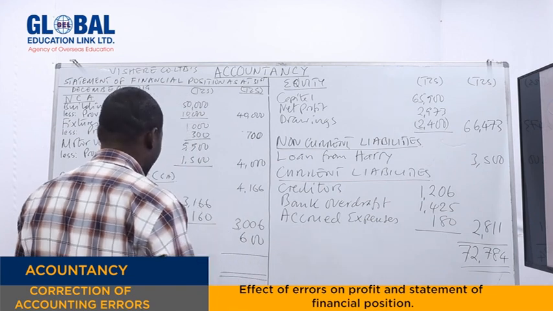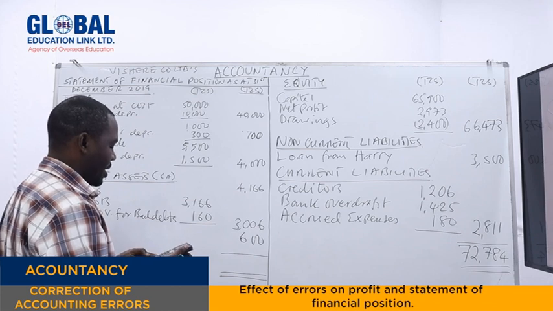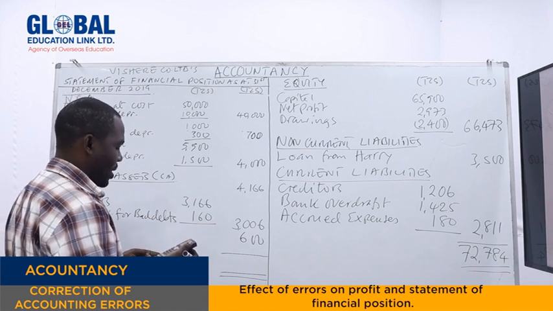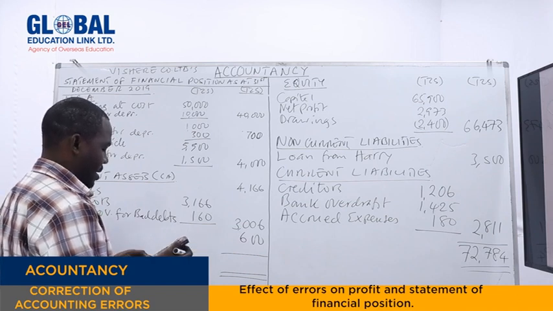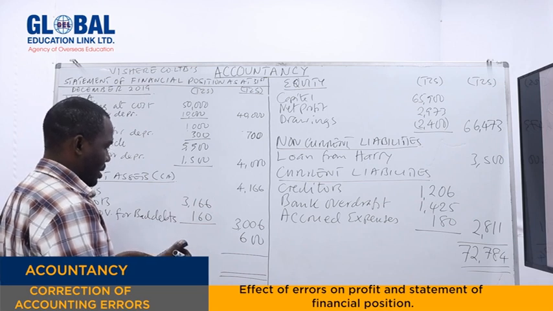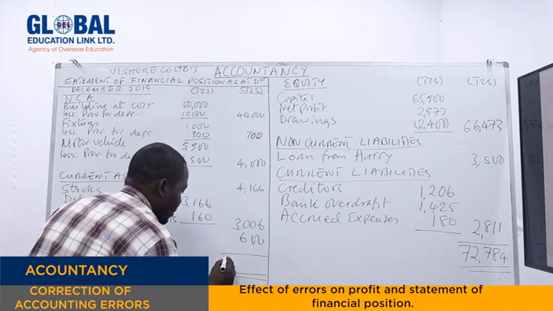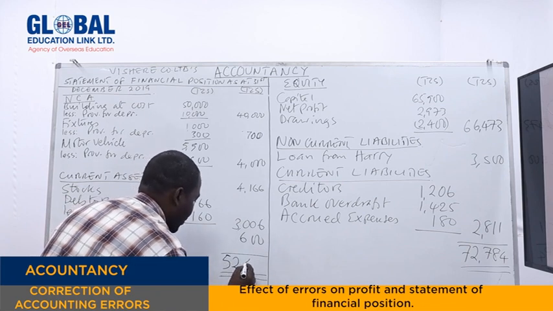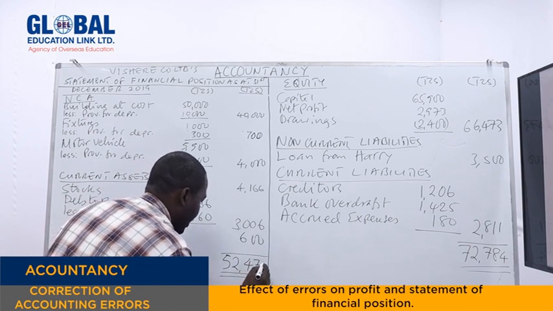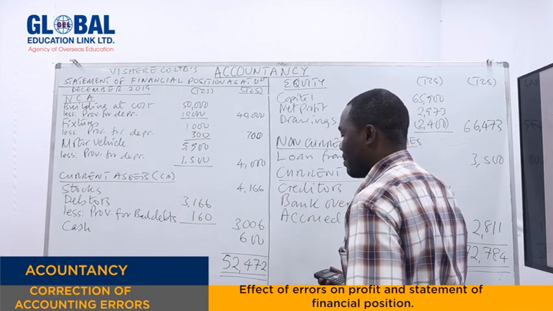And here on the asset side, we have 40,000 plus 700 plus 4,000 plus 4,166 plus 3,006 plus 600. We have a total of 52,472. So our balance sheet is not balancing.